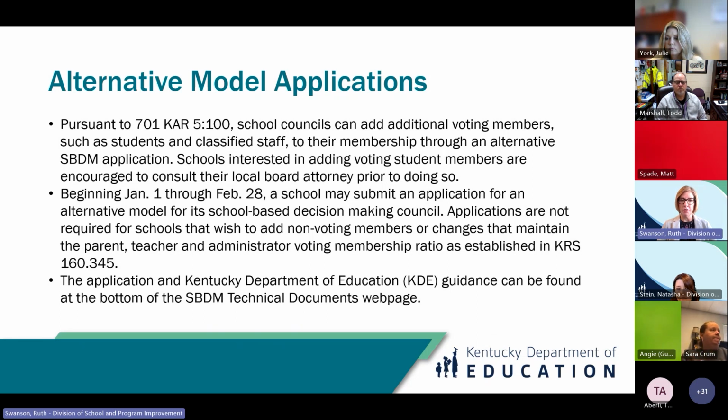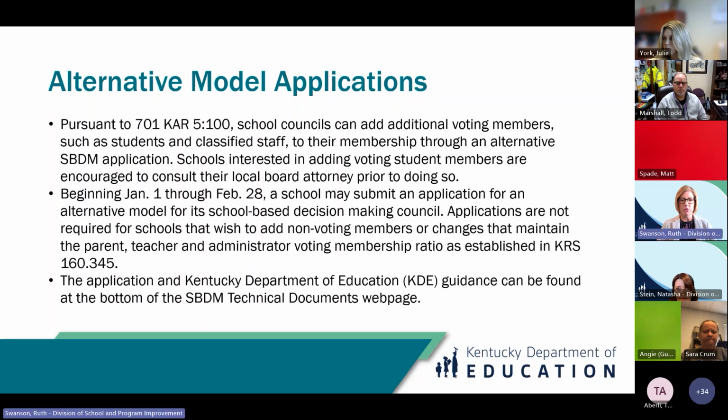Beginning January 1 through February 28th, a school may submit an application for an alternative model for its SBDM council. Applications are not required for schools that wish to add non-voting members or for other changes that still maintain that parent, teacher, administrator voting membership ratio of 2, 3, and 1.